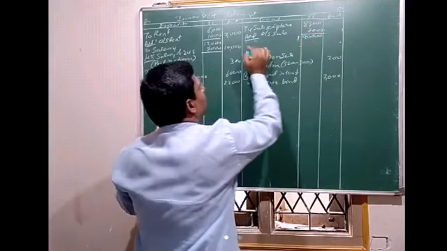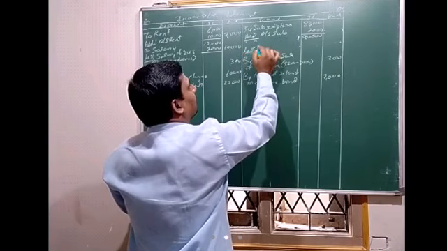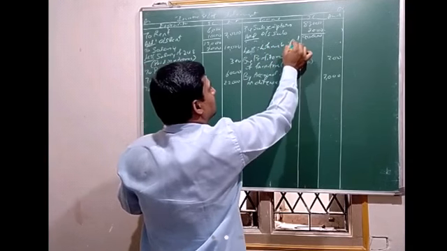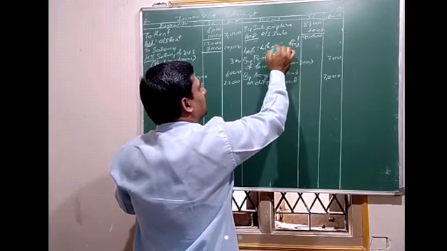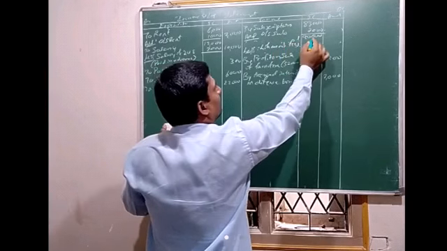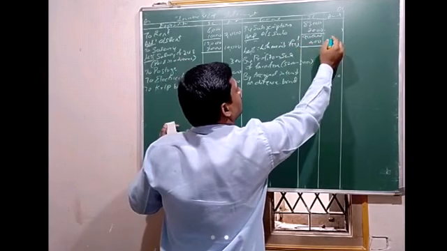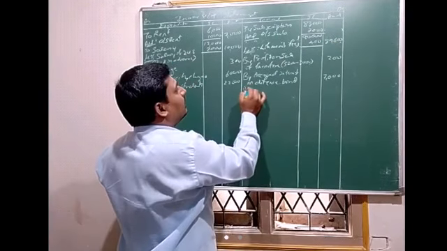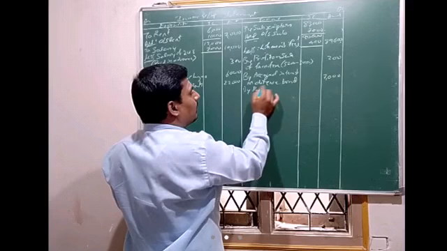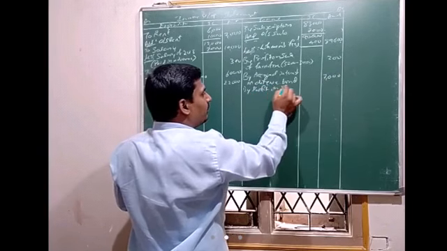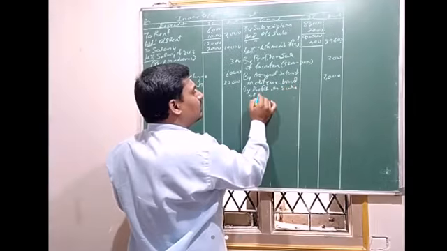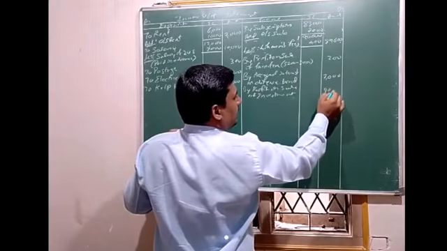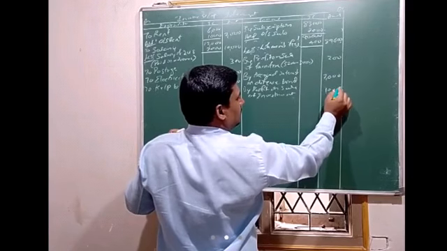90,000 less life membership fees 400. So 89,600. And here by profit on sale of investment 10,000.